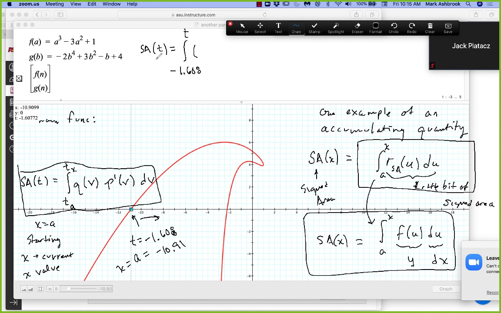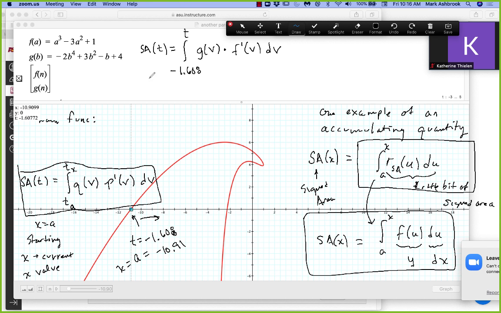Exactly, g of v. So rather than writing that whole thing out, let's just use g of v. That's the y value. And then times what? f prime of v dv.